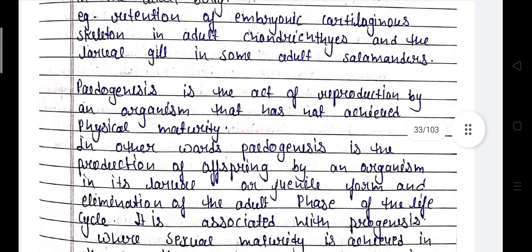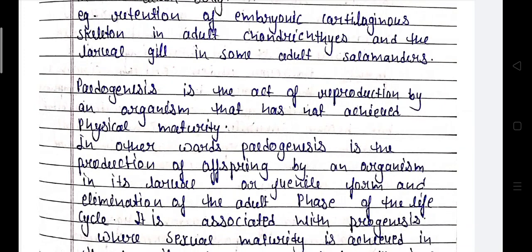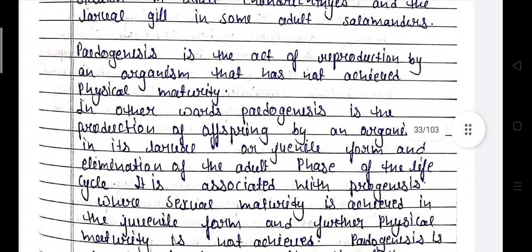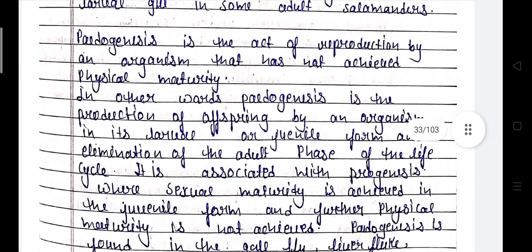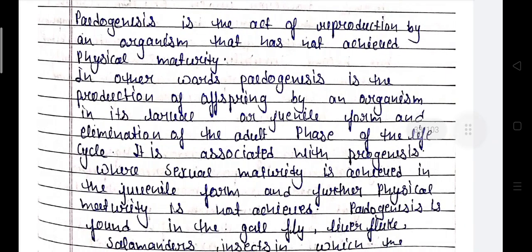Pedogenesis is the act of reproduction by an organism that has not achieved physical maturity. In other words, pedogenesis is the production of offspring by the organism in its larval or juvenile form, with elimination of the adult phase of the life cycle.